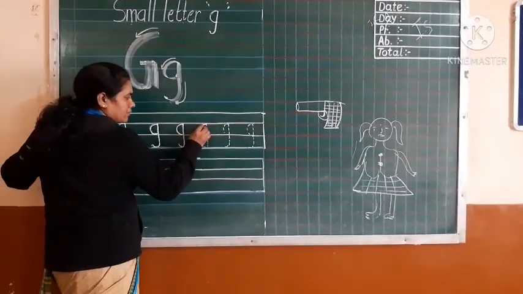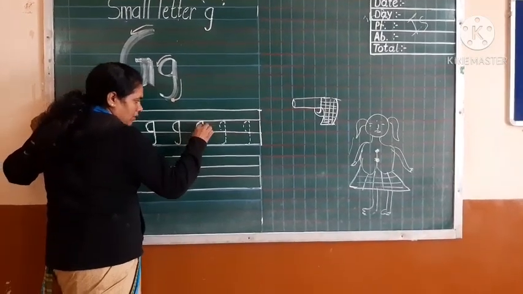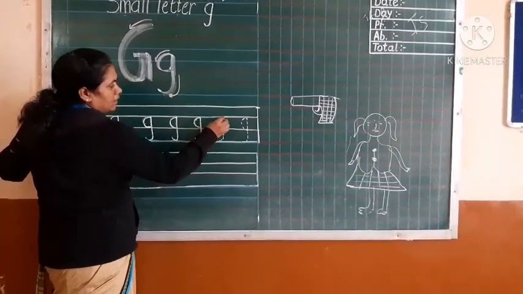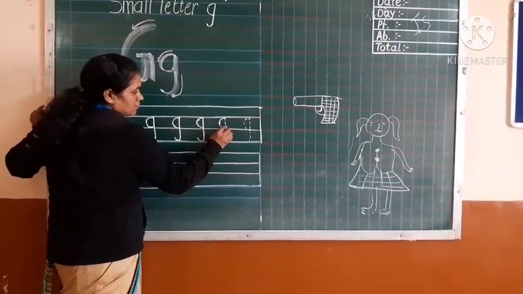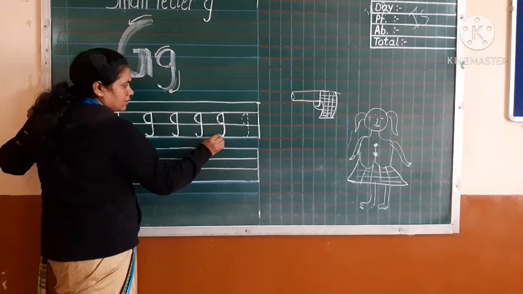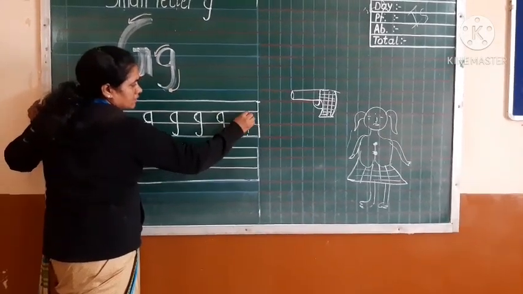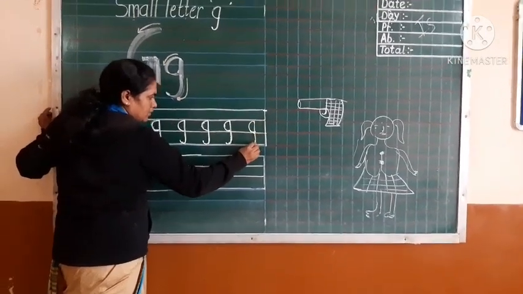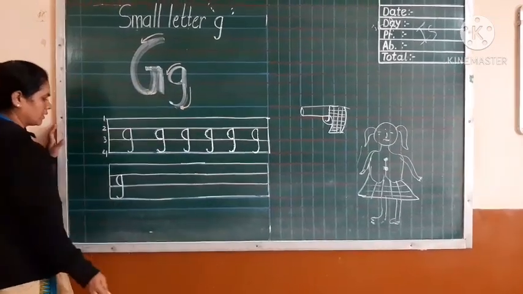This way we have to trace small letter G. Again, first curve, standing line and little curve. This way we have to trace small letter G.